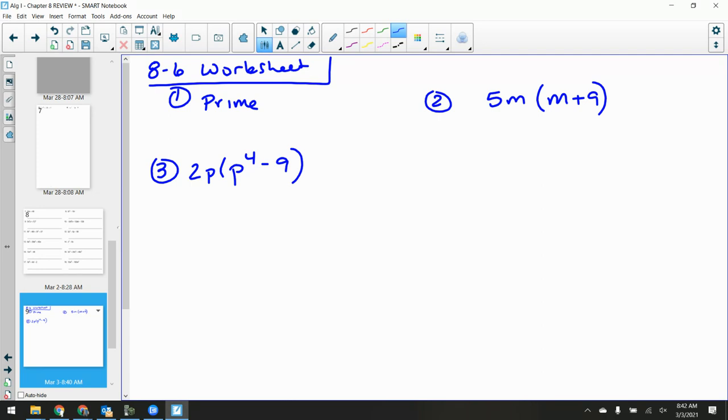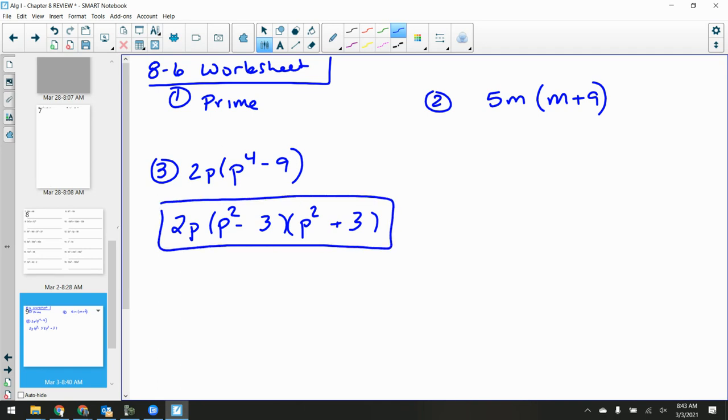Yeah, because p to the 4th is a perfect square, 9 is a perfect square, and it's a subtraction. So I'm not sure where you got the 1, because you just take the square root of each one with a minus and a plus. The square root of p to the 4th would be p squared, and the square root of 9 would just be 3. Does that make sense? Okay. And that's my answer. I'll box these.